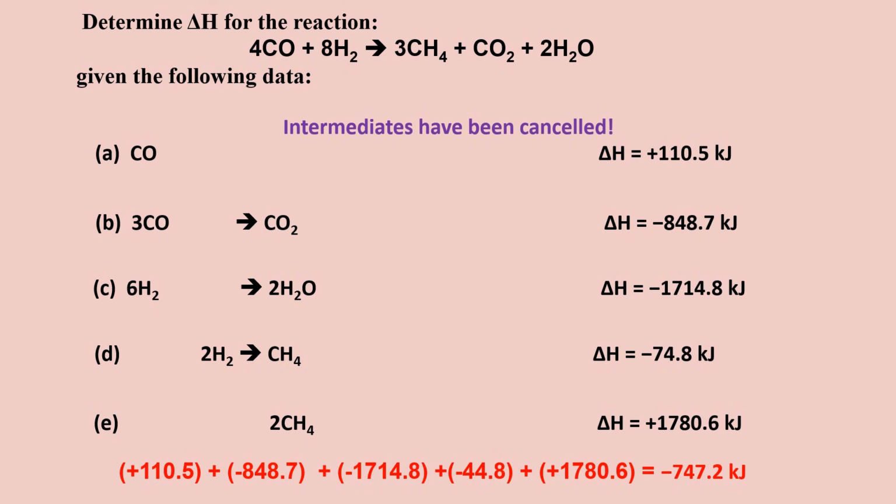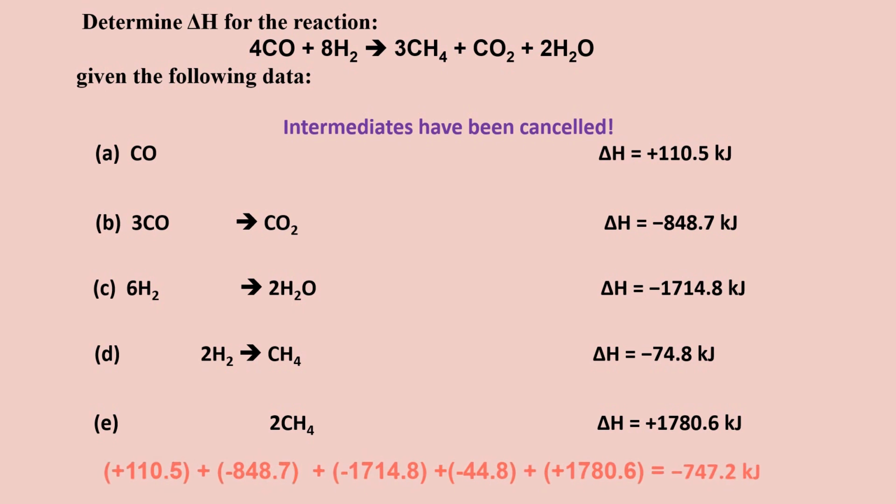And in equation D, we have 2 moles of H2 yielding 1 mole of CH4, with a delta H value of negative 74.8 kilojoules. And finally, in equation E, we have 2 moles of CH4 with a delta H value of positive 1780.6 kilojoules.